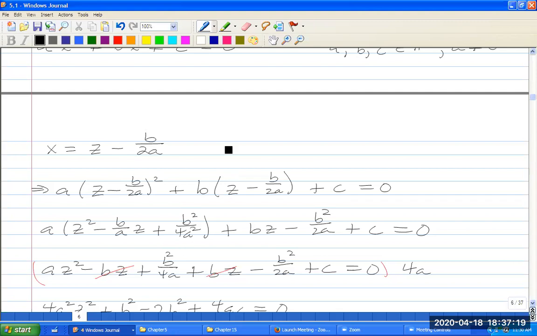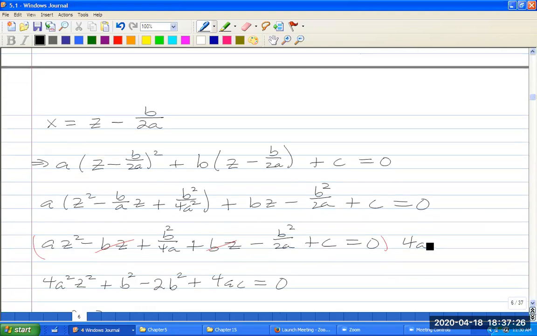Multiply the b inside the parentheses, so you get bz minus b squared over 2a. Multiply the a inside the parentheses, so you get az squared minus bz plus b squared over 4a plus these last terms. The bz's are going to cancel.